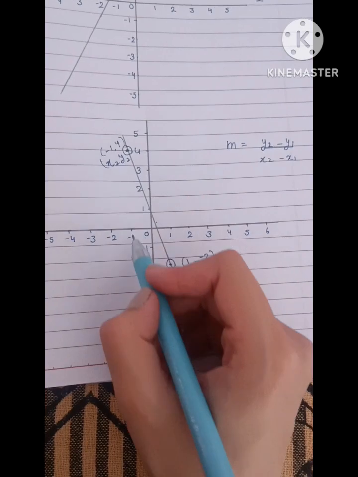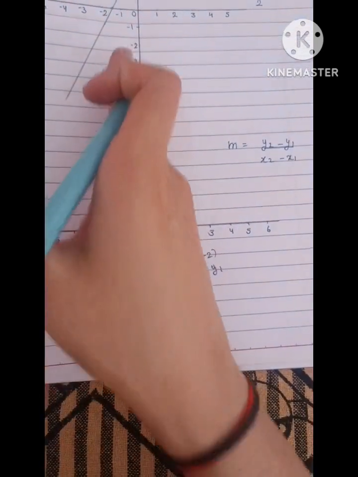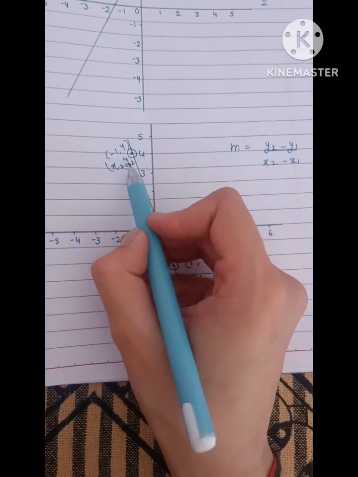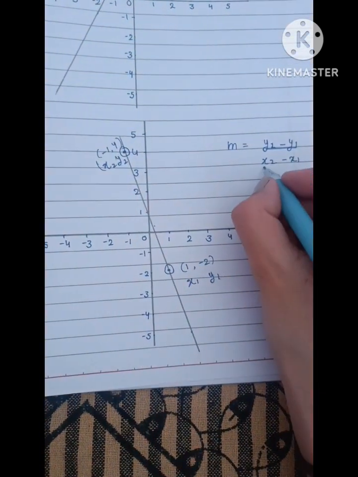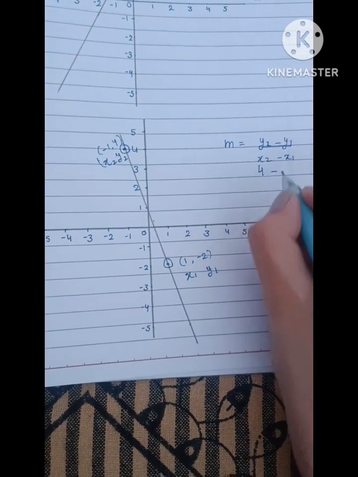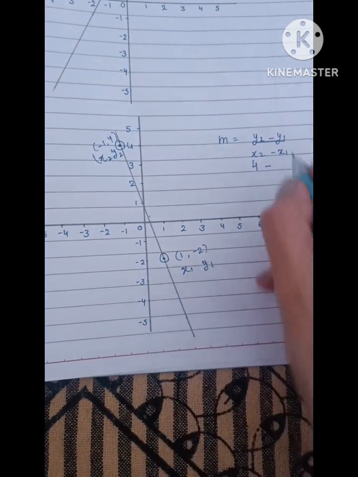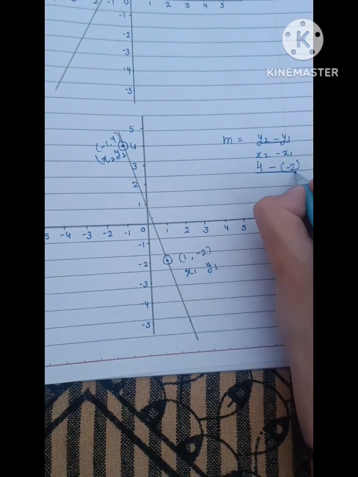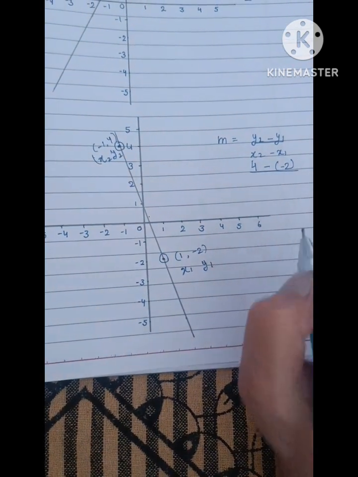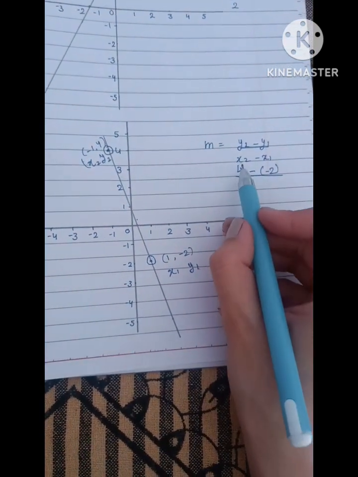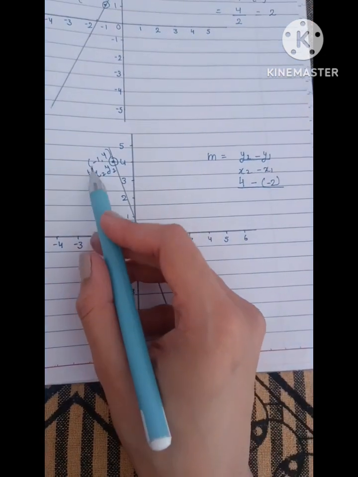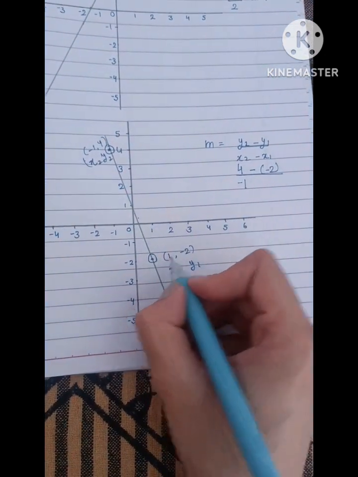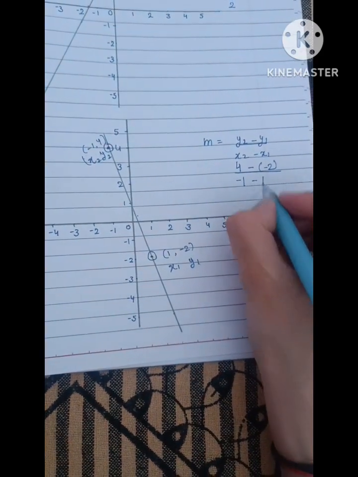So the rise here means the vertical distance between these 2 points. So y2 is 4, y1 is minus 2. And always put brackets whenever you get a negative coordinate. Then your x2 is minus 1 and your x1 is 1.